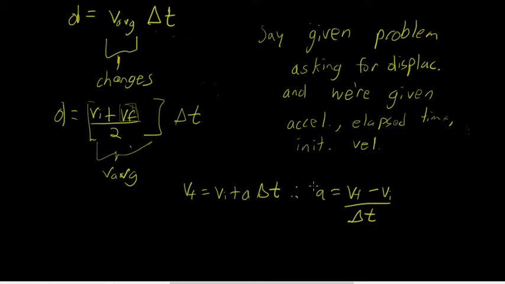If that's the case, if acceleration is defined this way, it's your change in velocity per unit time, right? And sometimes I just write this as delta t. Sometimes you'll see tf minus ti.